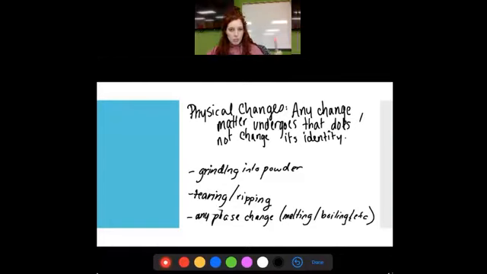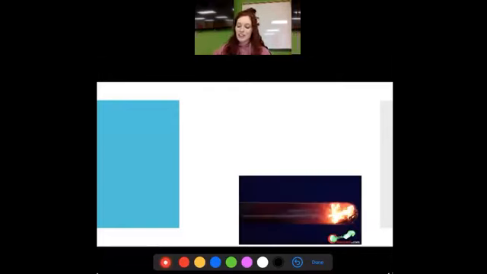Chemical changes, those we are going to be spending a lot more time on in this class because those are basically the crux of chemistry. So a chemical change is any time you have something that does change from one substance into another. So crazy important in chemistry are the chemical changes, go figure.